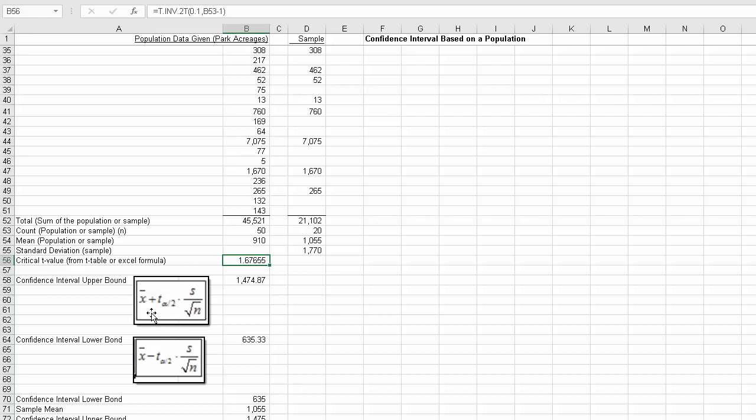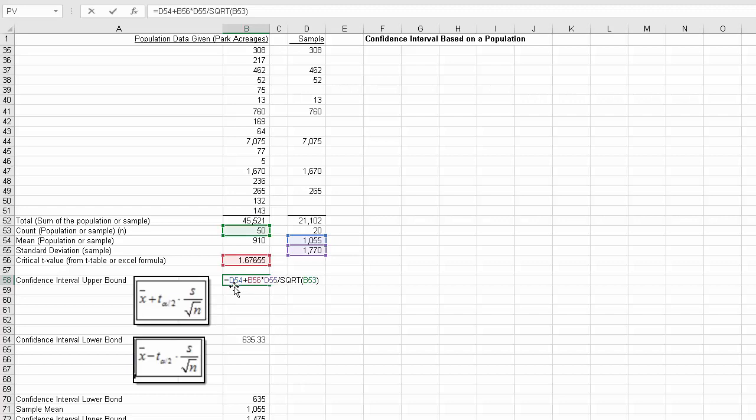This is the formula that we have to use for a confidence interval upper bound when we know the population. So we take the sample mean plus or minus the critical t value, that's the number we got right here, times the standard deviation of the sample divided by the square root of the number of the population. So I've done the work here, and you can see what I'm doing.